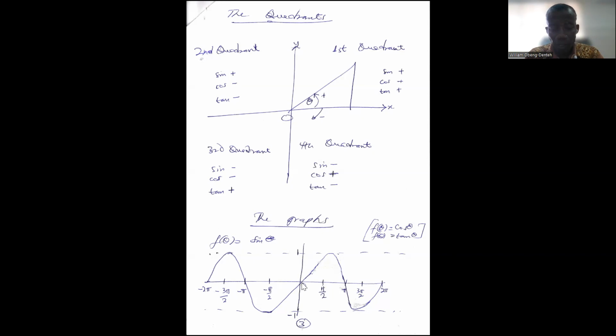Every 360 degrees, the sine curve repeats itself, and it hovers between +1 and -1. So the maximum value that the sine function can reach is 1 and then -1.